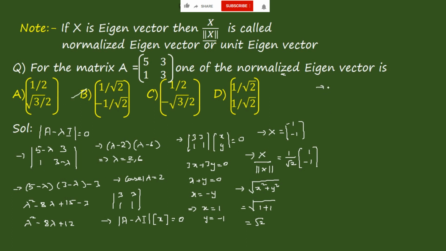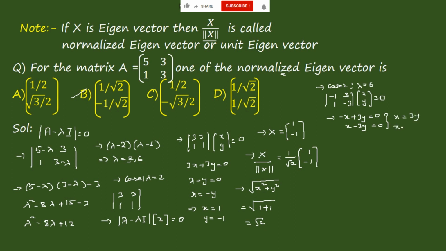If you go with case 2, when lambda is equal to 6, just substitute the values here. You get 5 minus 6, it becomes minus 1. This is 3, this is 1, and 3 minus 6 becomes minus 3. Multiply this with x and y, equal to 0. We get two equations: minus x plus 3y is equal to 0, and x minus 3y is equal to 0, which implies x is equal to 3y.